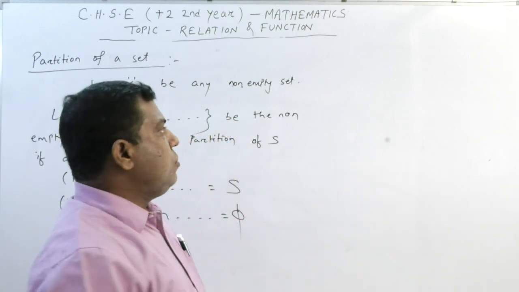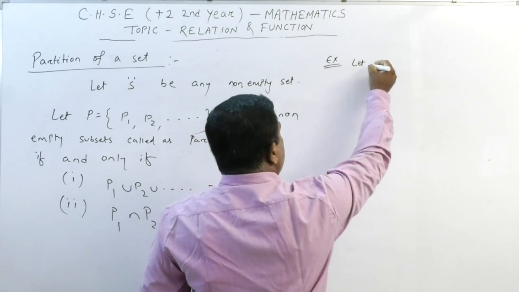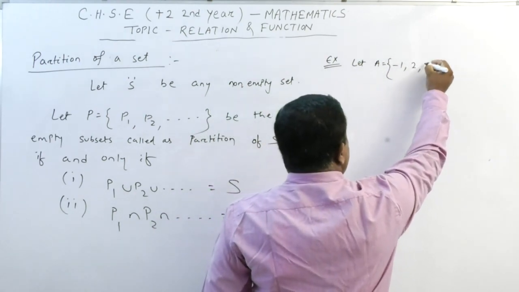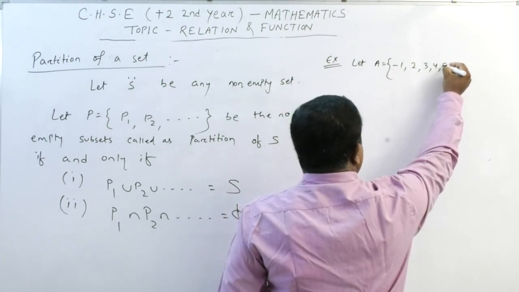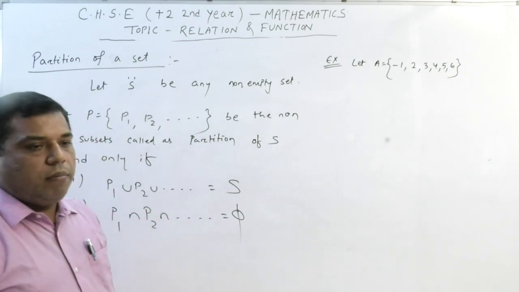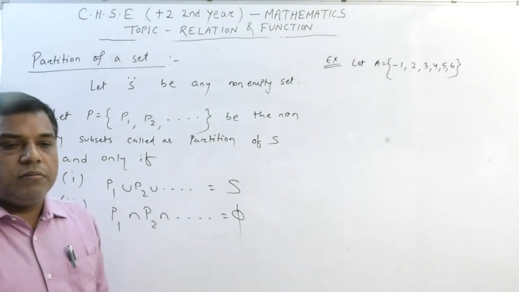So you see, an example is there. Let A equal to {-1, 2, 3, 4, 5, 6}. I am writing a collection of elements.